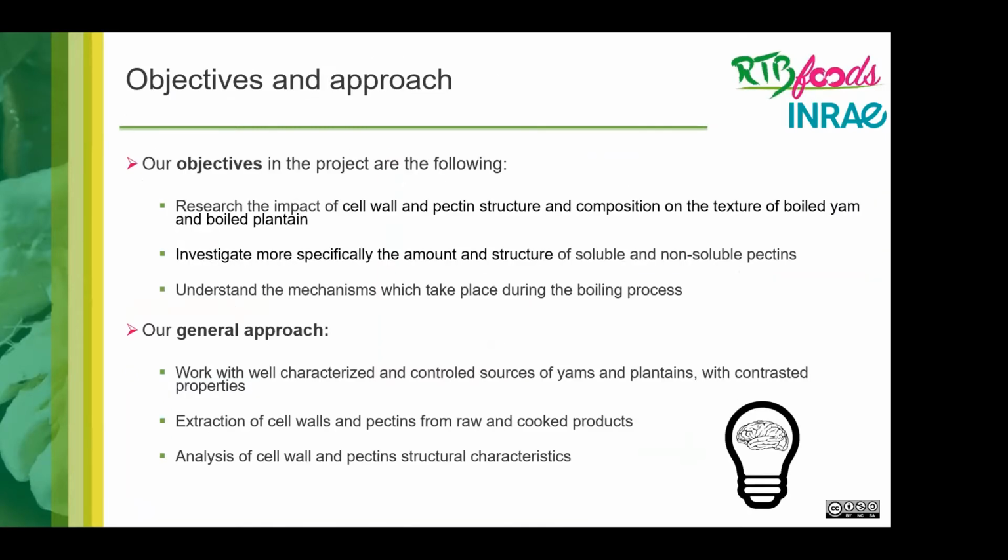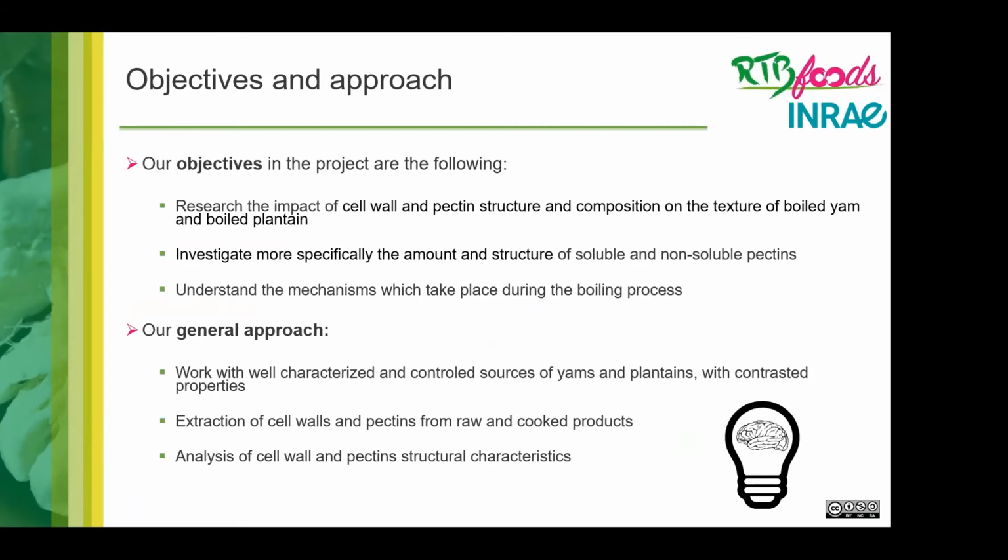So once we studied the literature, we could draw some objectives. So what are our objectives in the project? For us, it is to research the impact of the cell wall and the pectin structure and composition on the texture of boiled yam and boiled plantain.